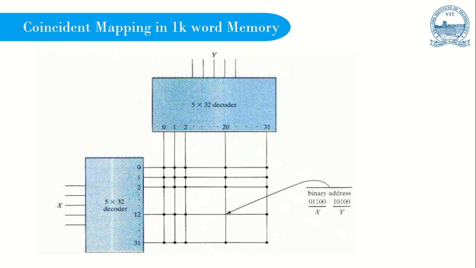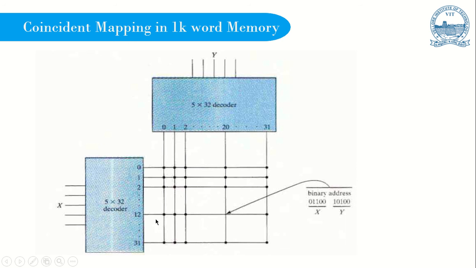Suppose you want to address memory location 404. The 10 bit binary equivalent of 404 is derived. So this is the 10 bit equivalent of 404, which is 01100 along X and 10100 along Y. These 5 bits are placed at the input of this decoder, corresponding to decimal 20, and this data is present at the MSB inputs of the decoder, corresponding to 12.